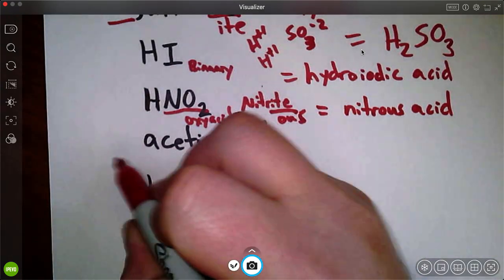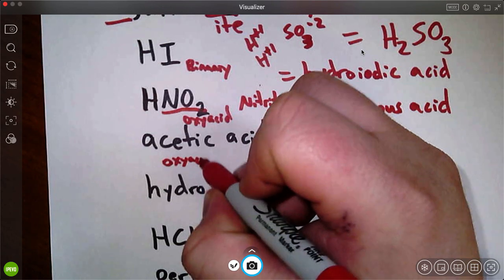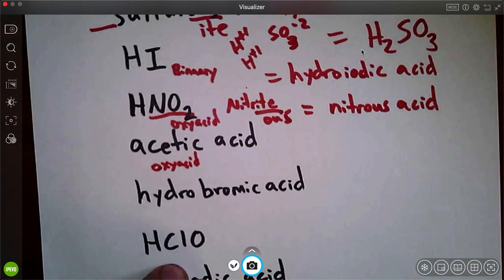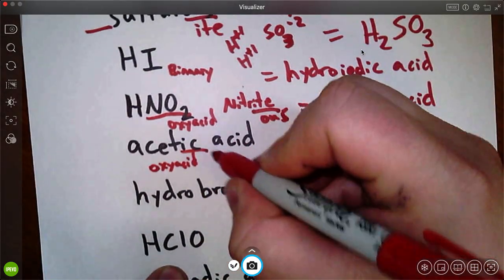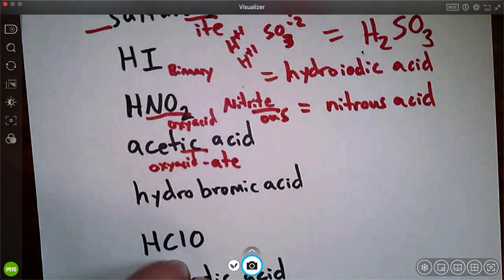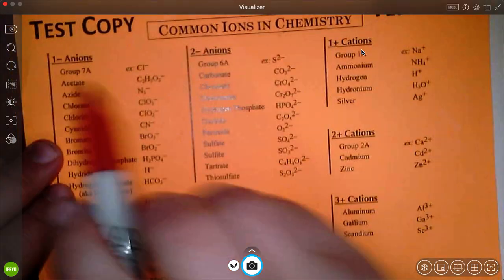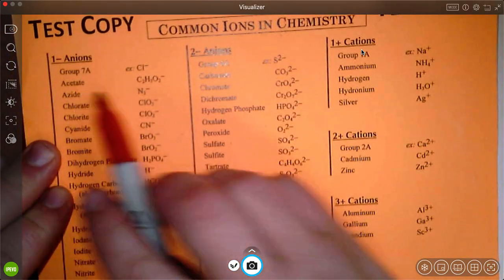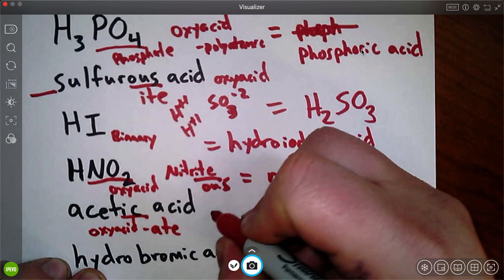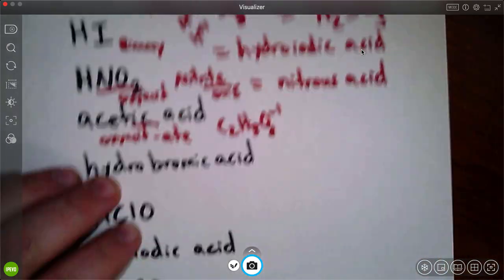Okay? Acetic acid. Okay, the word hydro is not here, so this is an oxyacid. So it's one of the polyatomic ions. It ends in ic, so we're going to basically look for something that ends in ate. All right? So acetate is what we're looking for. Acetate is right here. It is C2H3O2. It's got a -1 charge. So we have C2H3O2, -1.